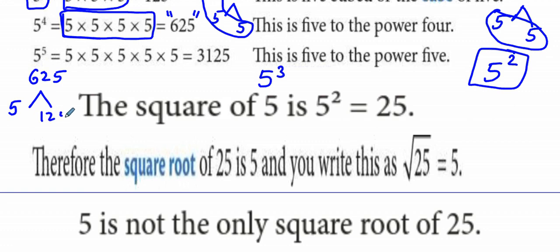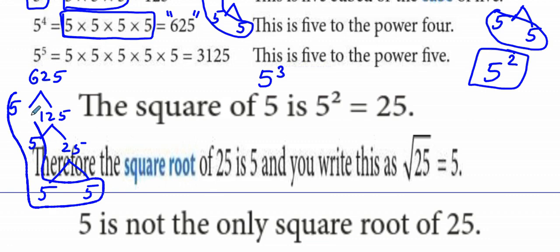This comes to be 125, and this is divisible by 5. This is 25. Keep going. This is 5 times 5. So how many 5s are here? We find that we have 1, 2, 3, 4 5s, and that is a power of 5. That would be 5 to the power of 4. So this comes from the factor tree.